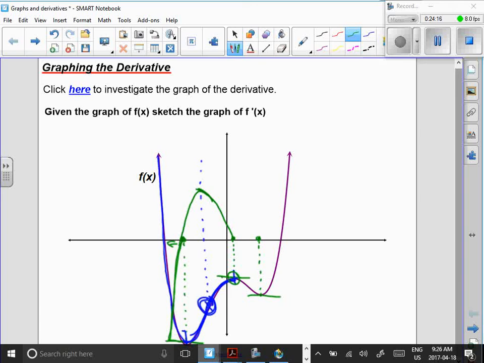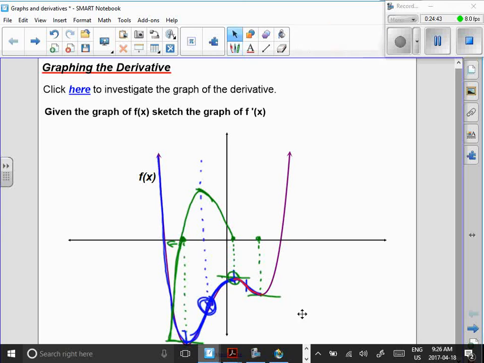Okay? Now on this interval, from here to here, the slope of the tangent is negative. It doesn't get very negative, it's not really steep at all. But it reaches that maximum amount of negativeness right about there. Right? So the slope of the tangent is at 0, gets negative, negative, and then starts to get less negative as it heads back to 0.